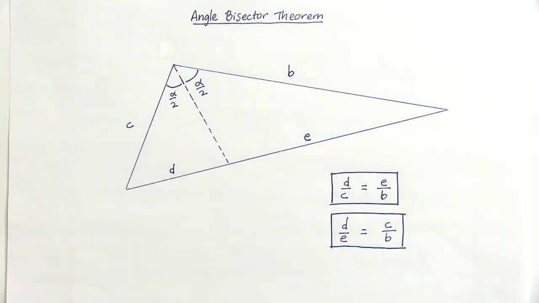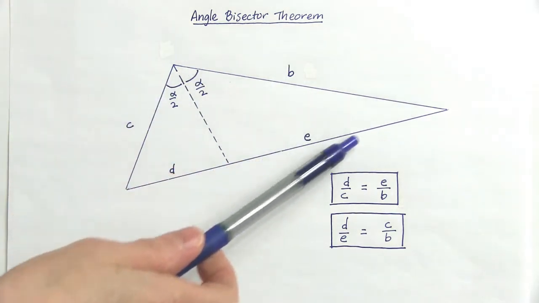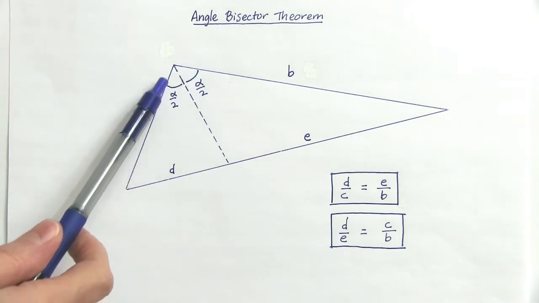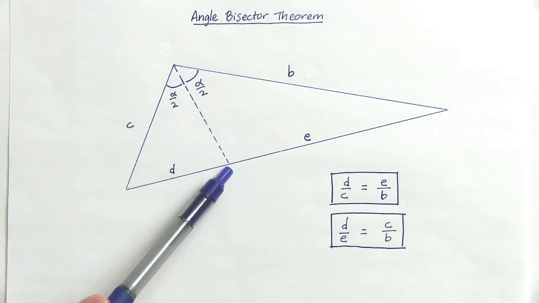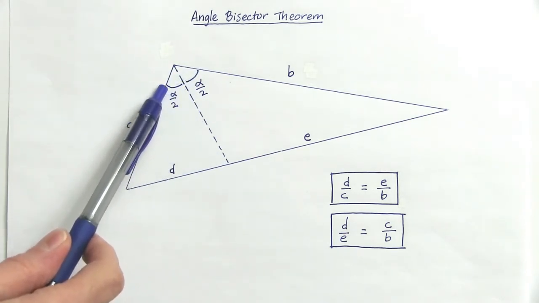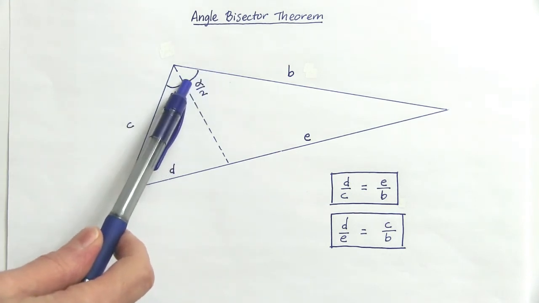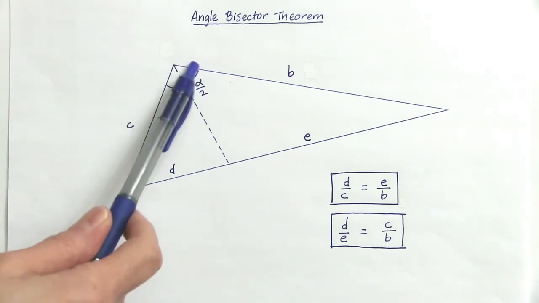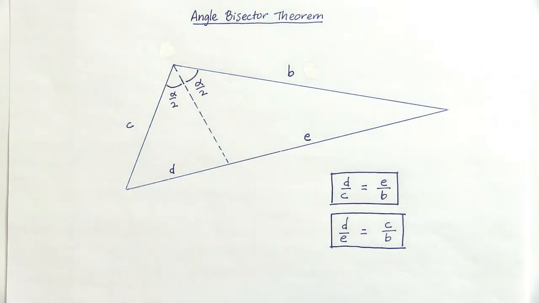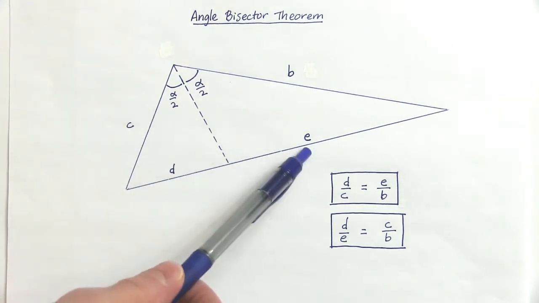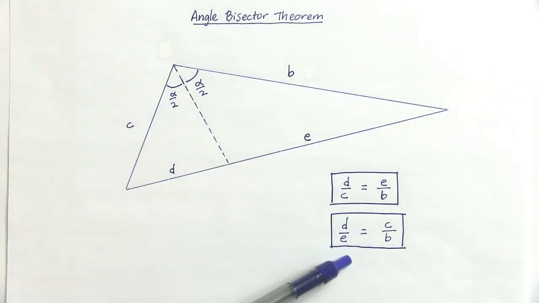So the angle bisector theorem goes like this. We have a triangle, and we've bisected one of the angles like this, so that this angle is the same as this angle, is half of the original angle. Then these corresponding sides are related like this.